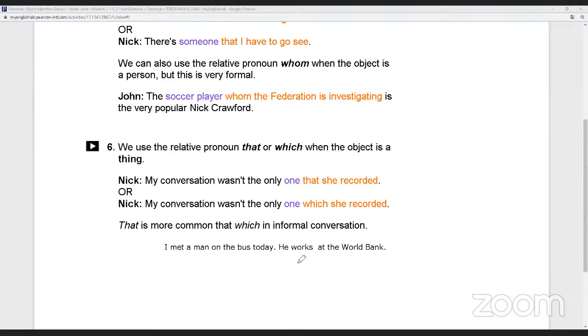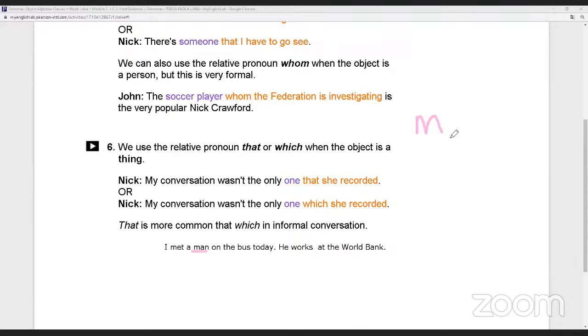I met a man on the bus today. He works at the World Bank. First of all, you're gonna choose the noun. Could you identify the noun? A man. Yes, a man, right?